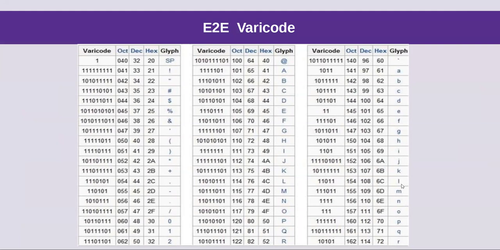And an I is 4. Where's U? Oh, not cut off. I would assume U is another one that's probably 3 or 4. So the AEIOUs are the shortest ones, and they go on up to as many as what? 9 bits? Oh, more than that. 10 bits.